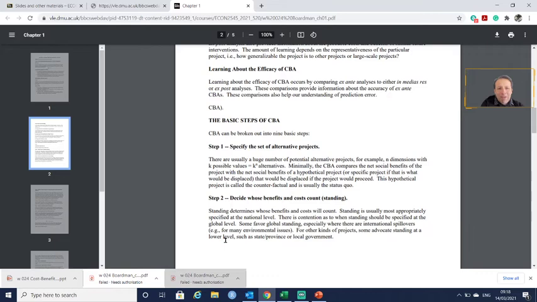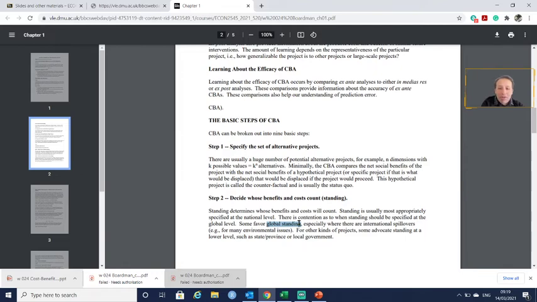Many people favor the national and even more the global cost-benefit analysis because they are very interested in environmental issues. So global standing is also one of the ways in which we can perform a CBA analysis.